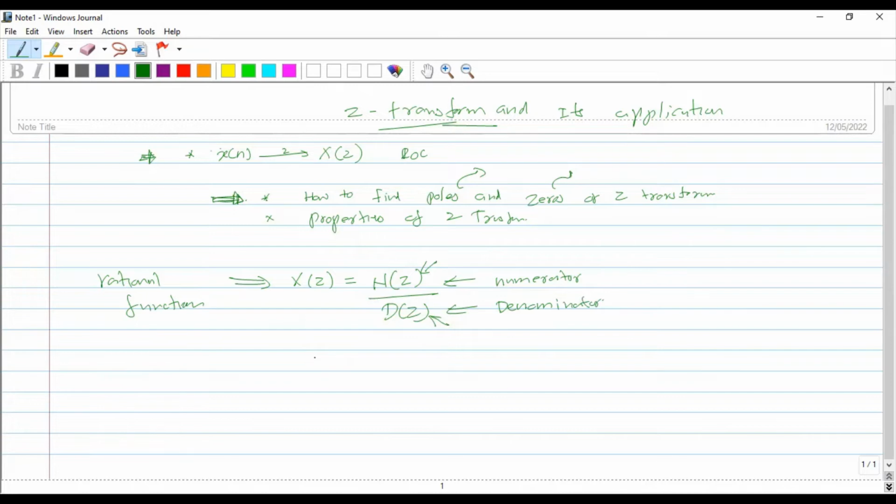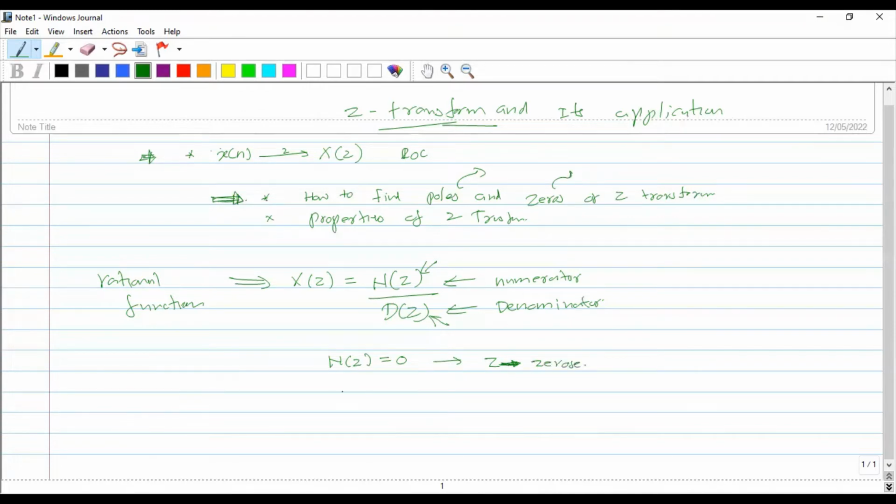If we set our numerator equal to 0 and solve for z, those values are zeros.